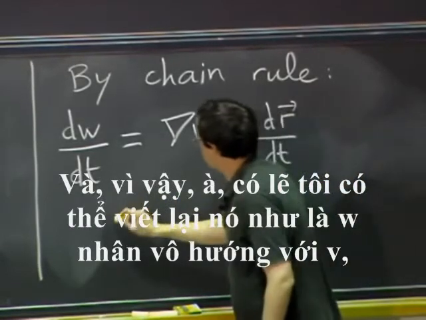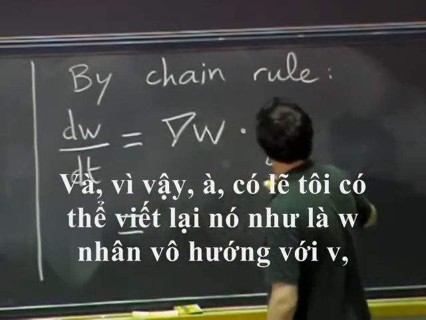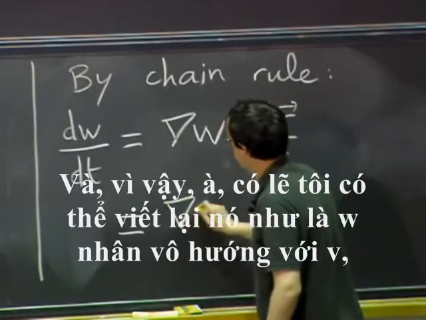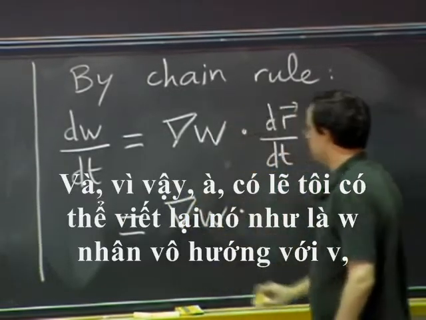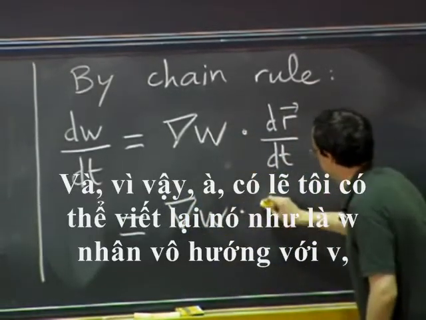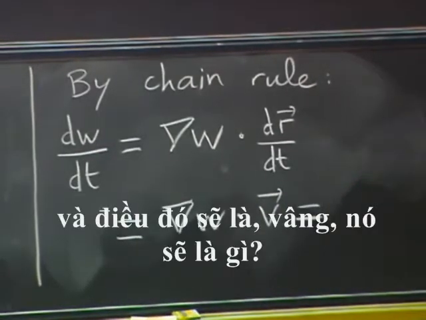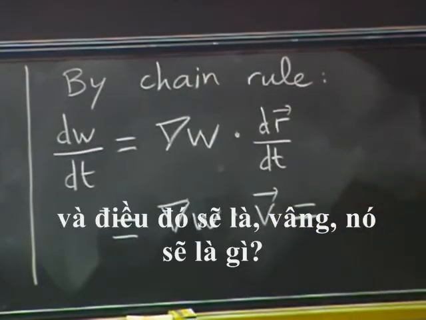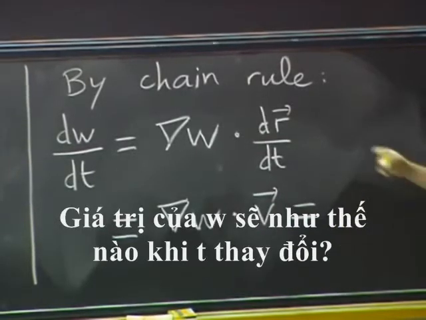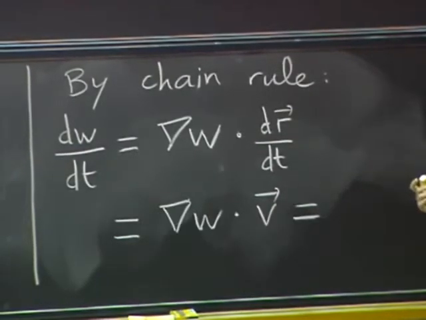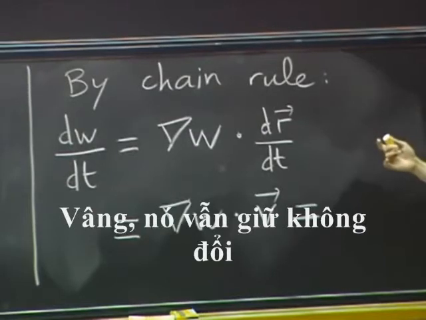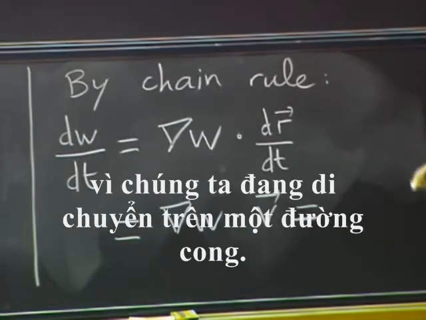And so, well, maybe I can rewrite it as nabla W, sorry, del W dot V, and that should be, well, what should it be? What happens to the value of W as t changes? Well, it stays constant, because we are moving on a curve.